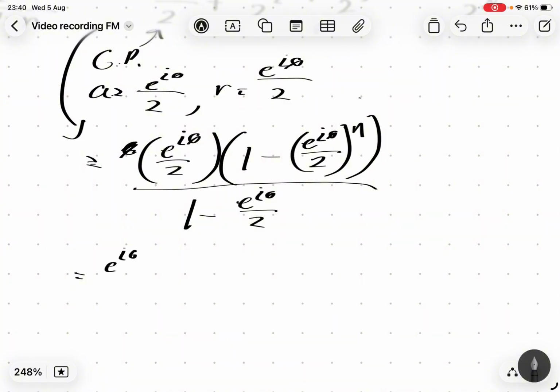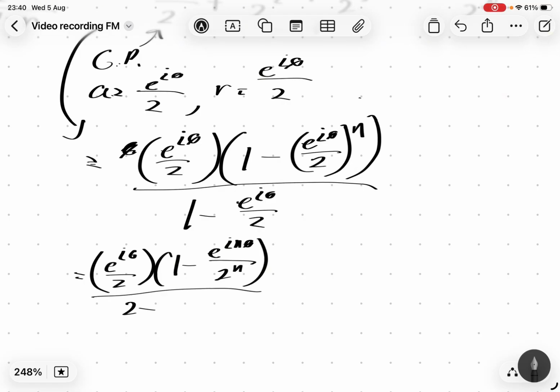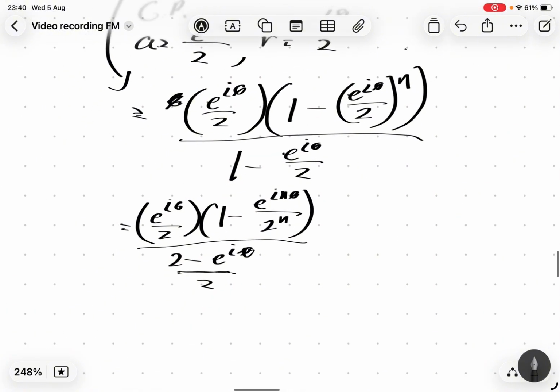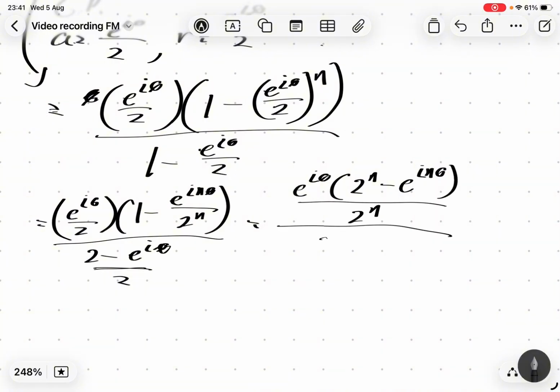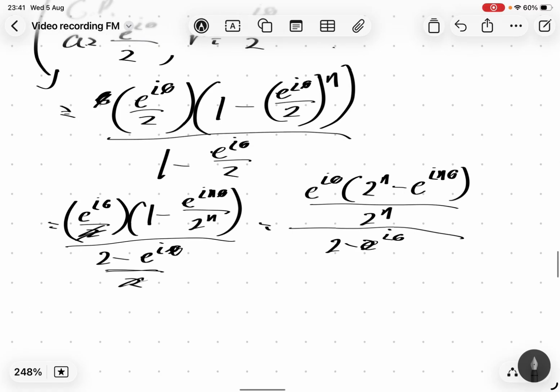So e^(i theta) over 2, times 1 minus e^(i n theta) over 2 power n, over 2 minus e^(i theta) over 2. Okay, continue expanding, which is just e^(i theta) over 2 power n minus e^(i n theta) over 2 power n, over 2 minus e^(i theta). Okay, you can see that I just remove this and this, and then I move up.